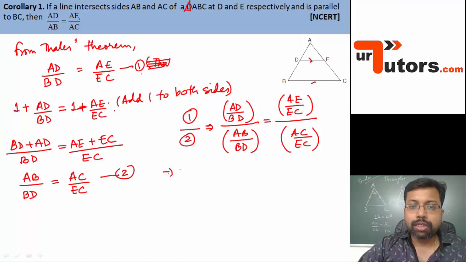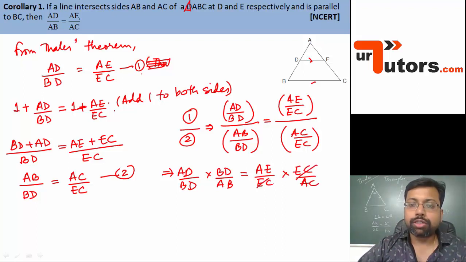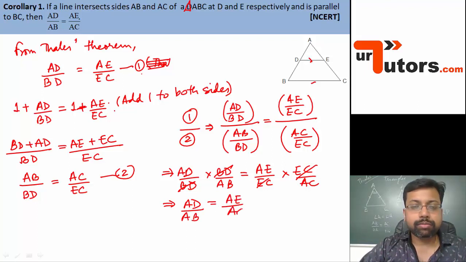On the left hand side you'll have AD by BD into BD by AB, and on the right, AE by EC into EC by AC. The EC gets cancelled out, the BD gets cancelled out, and we get AD by AB equal to AE by AC.